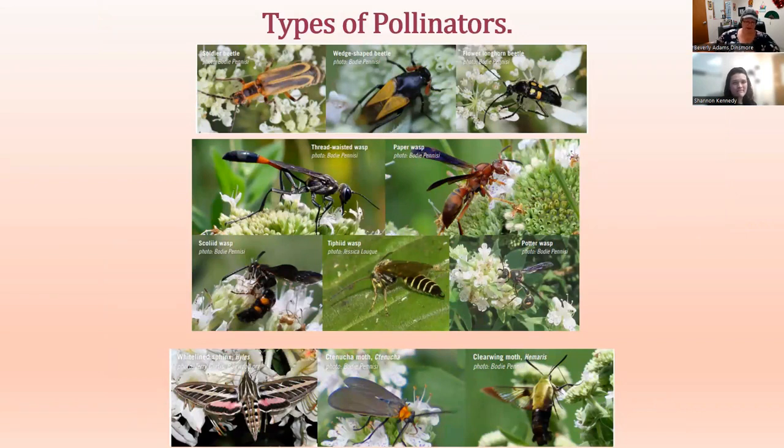Okay, so let's meet some of our different type of pollinators. This shows our different type of beetles. We have our soldier beetle. I'm not going to go through each one name by name. Also our wasps. We have some moths that are pollinators.